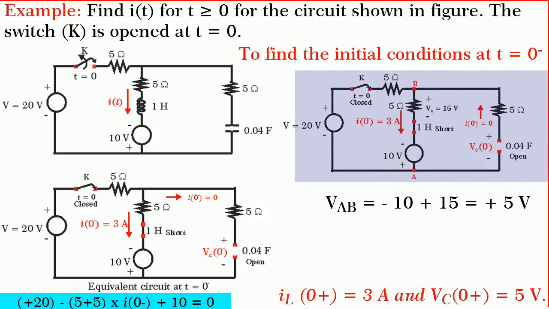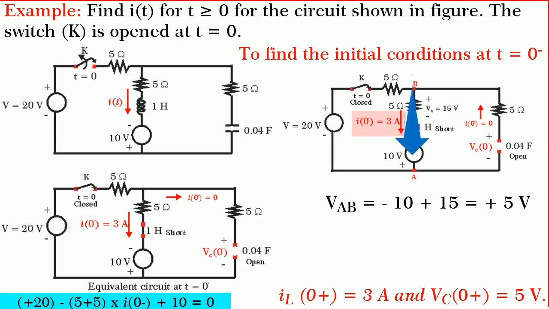To find Vc(0 minus), consider the circuit at t equal to 0 minus, where the switch is closed; no current will flow through this 5 ohm resistance. Since i_L(0 minus) is 3 amperes flowing from B to A as shown, the voltage across the 5 ohm resistance, VR, is equal to 15 volts with the polarity as shown in the figure.